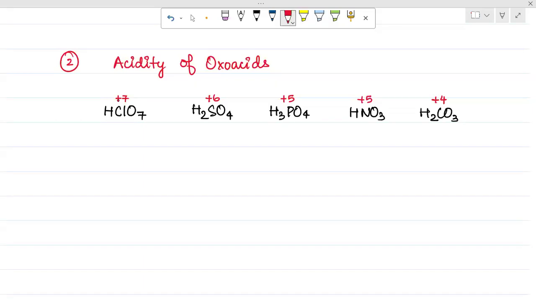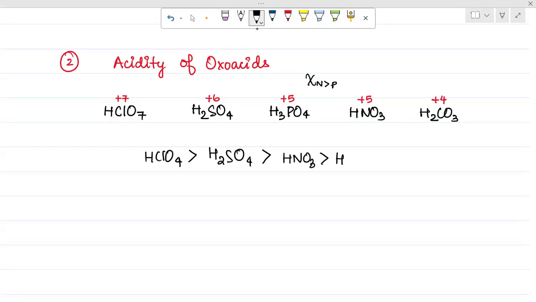So here HClO4 will come first, then H2SO4. And then you have two species with the same oxidation state. So the next one that you can compare is electronegativity. Electronegativity of nitrogen is greater than phosphorus because phosphorus is in the third period, nitrogen is in the second period. So HNO3, then H3PO4, and last comes H2CO3.